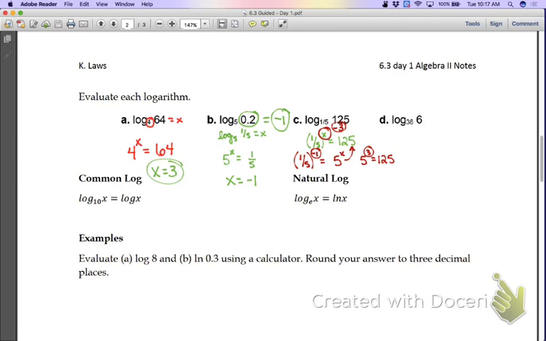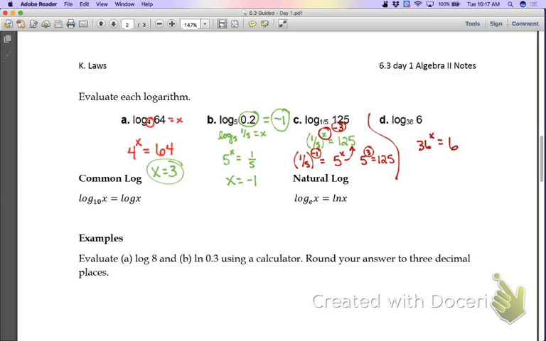Does D, though, have a negative? Did it go from, if I have a base of 36, it got smaller, but did it go between 0 and 1?